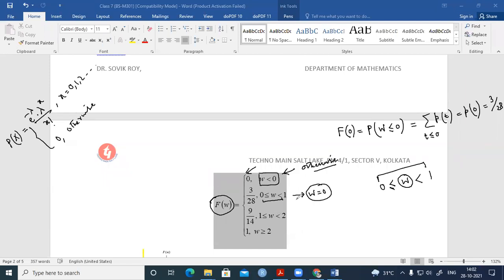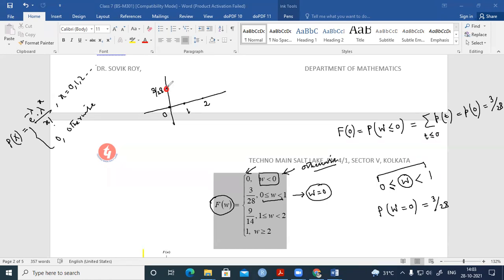So right now I can say, when W is having the value 0, the probability is 3 by 28. Now, if you draw the graph, say for example, this point is 0 and this point is 1 and this point is 2. So these are the discrete points situated unit distance apart. Now, if this point is 3 by 28, say for example, then for 0, we are having this value over here.